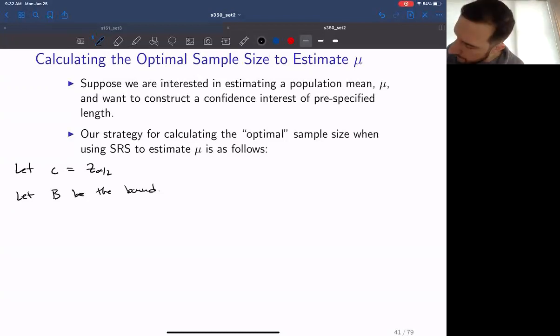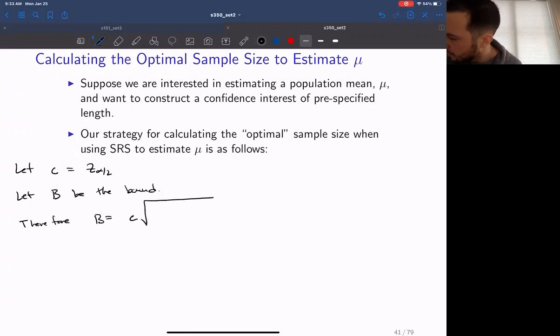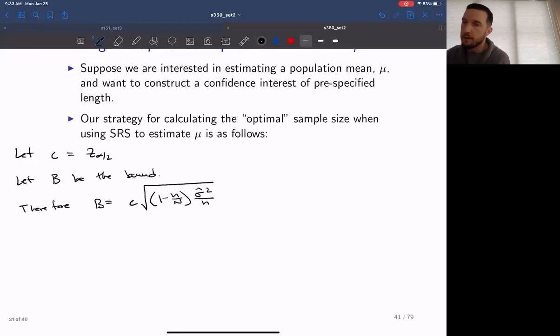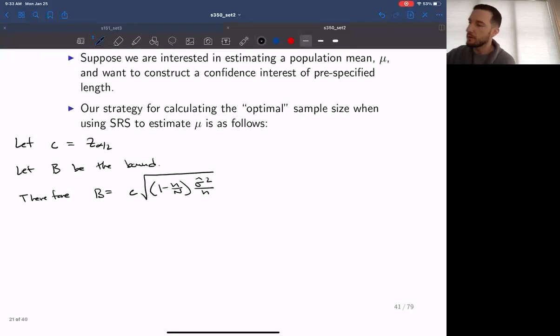All right, so we have capital B is equal to little c multiplied by the square root of 1 over little n times capital N sigma hat squared over little n. Okay, so c again is just the distribution value, so the z-score, or it could be a t-value. B is just a symbol used to represent the bound. You can actually use any letter you want in place of capital B. Okay, our goal here is to solve for little n.